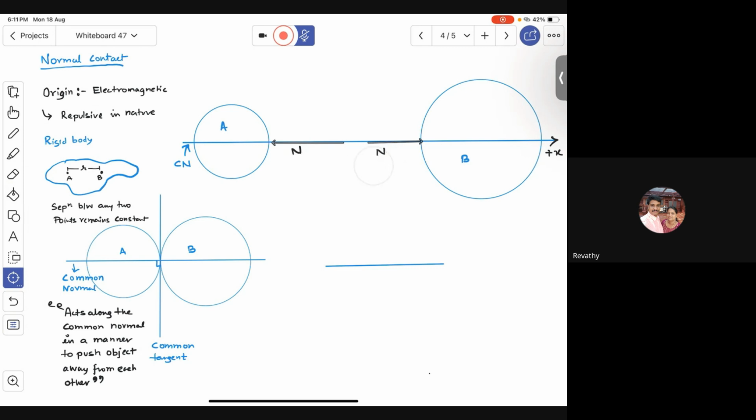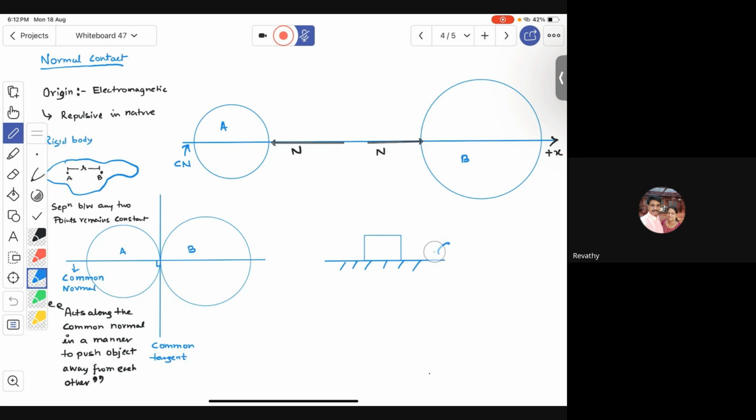Now suppose I take a simple case: a block is resting on a smooth horizontal surface, and we have to indicate the forces acting upon it. Tell me, what kind of surface is it? Are one or both of them flat surfaces?